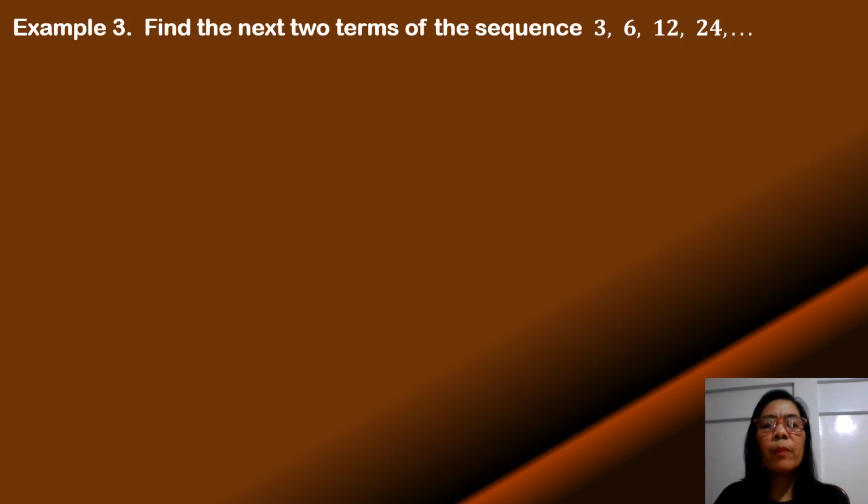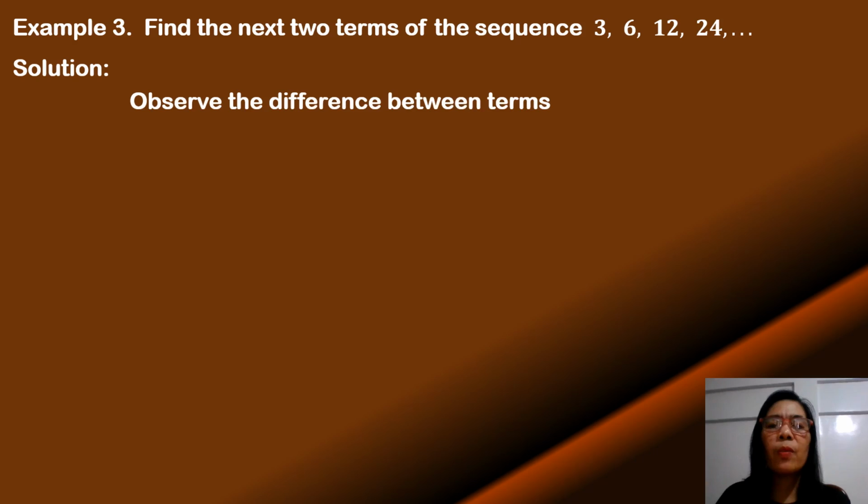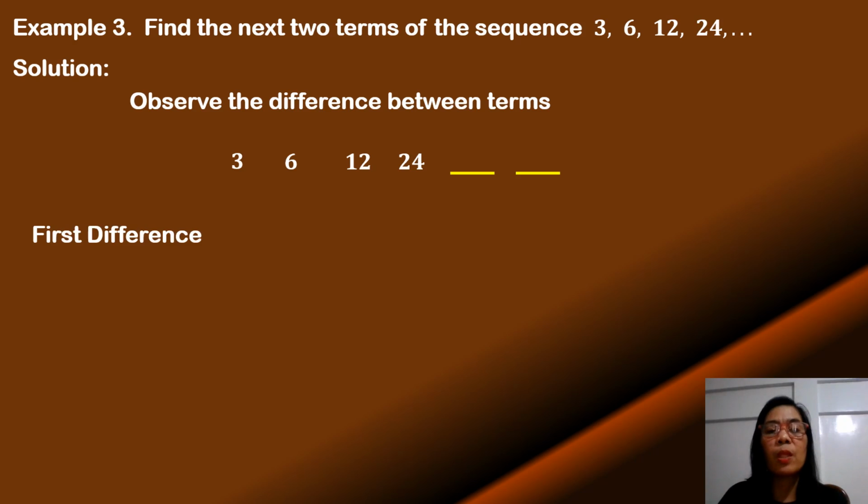Let us solve this problem to find the next two terms of the sequence 3, 6, 12, 24, and so on. So again, we start our solution by trying to observe the difference between successive terms. So we have 3, 6, 12, 24, and we're required to find two more terms in the sequence.